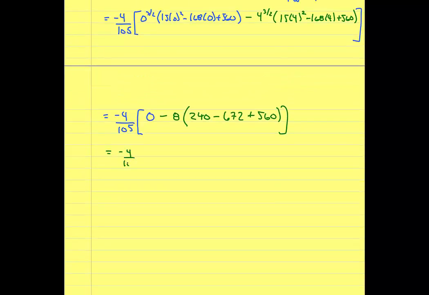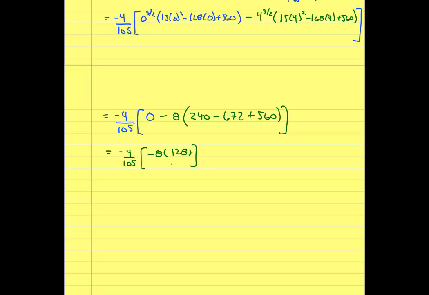So I have negative 4 over 105, and I'll have a negative 8, and I'll go ahead and just combine all those terms in that parenthesis. So 240 minus 672 plus 560 would equal 128. Now I'm getting this down almost to something I might be able to reduce. 8, 9, 10, 11, no, not yet.